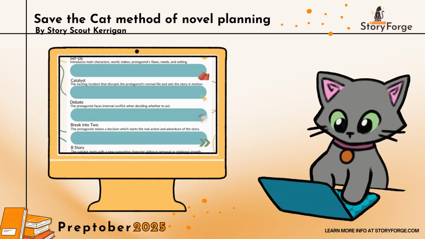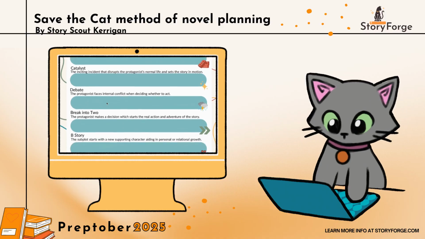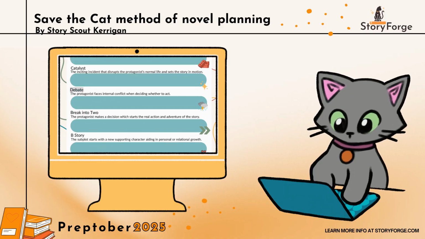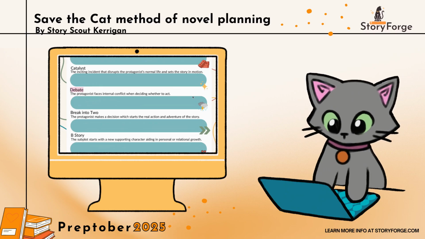But that also falls into debate, because when they have this disruption, it creates conflict, and then they have to figure out how to react and how to navigate their life after all of this happens to them.